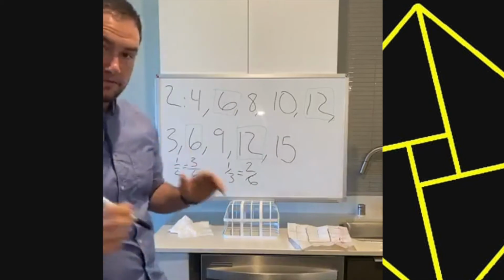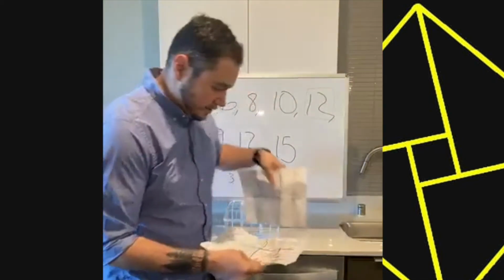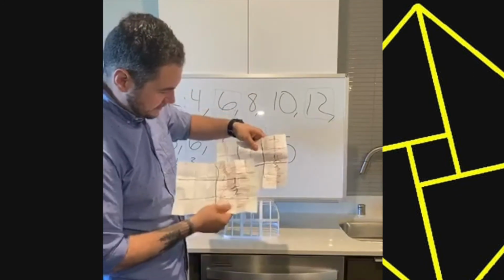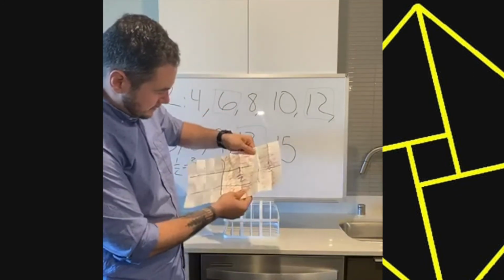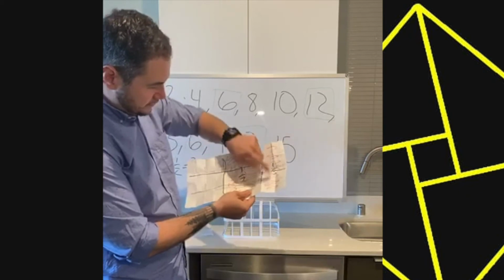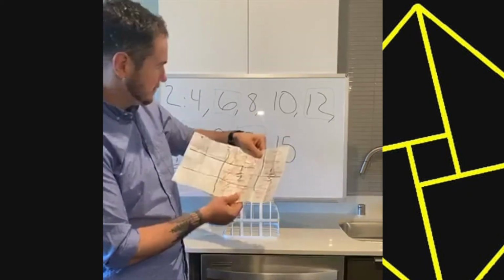And now we can finally do the addition. So we'll take the 2 sheets of paper. We have 3/6 plus 2/6, right?